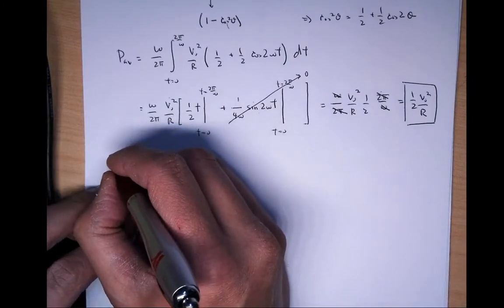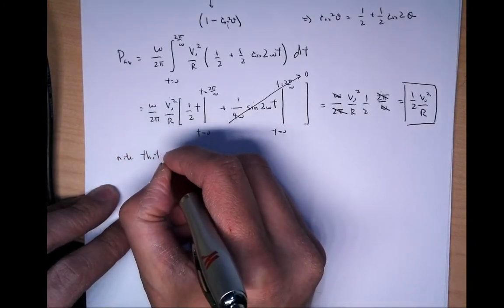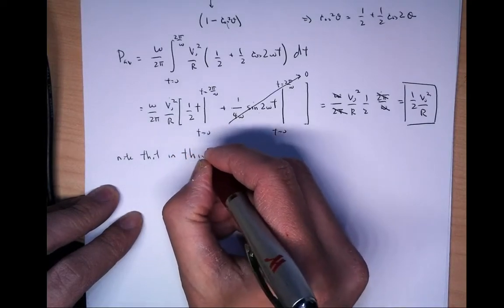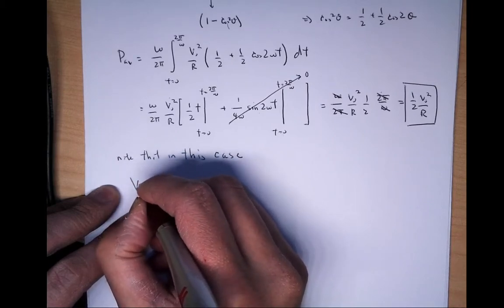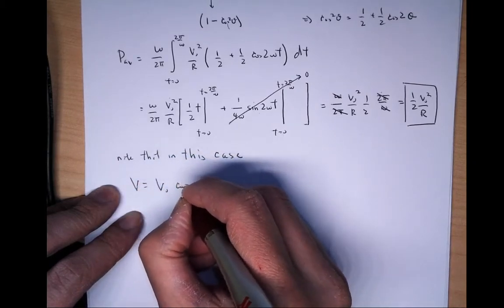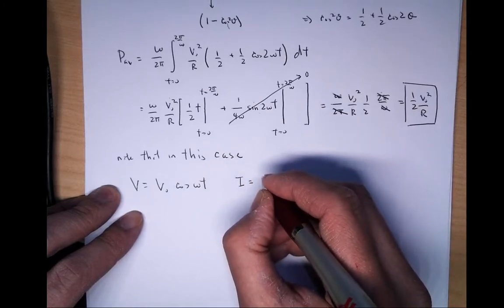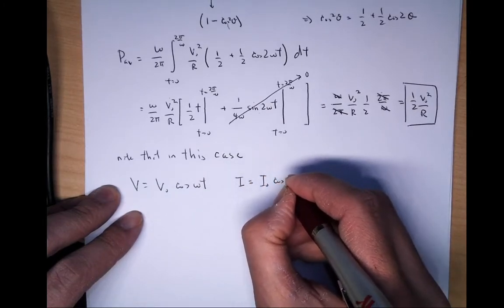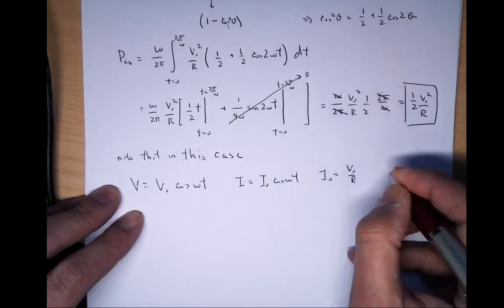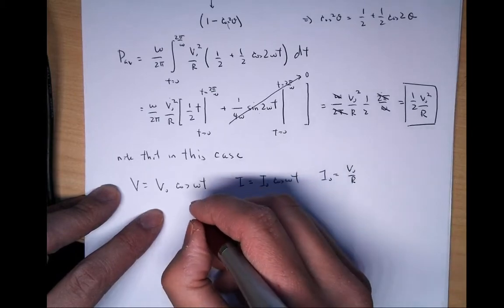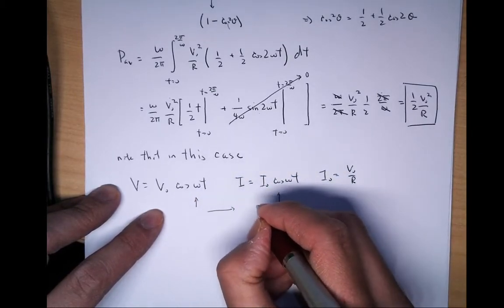Now, let's note one other thing. In this case, V is equal to V0 cosine omega t, and then I is equal to I0 cosine omega t, where I0 we determined earlier was V0 over R. That's not important. What's important is to note that both of these are cosine omega t.